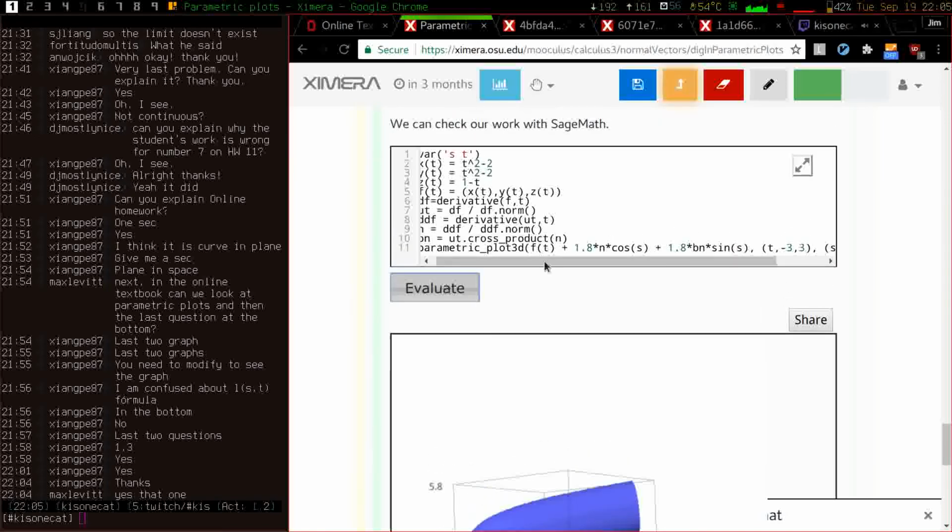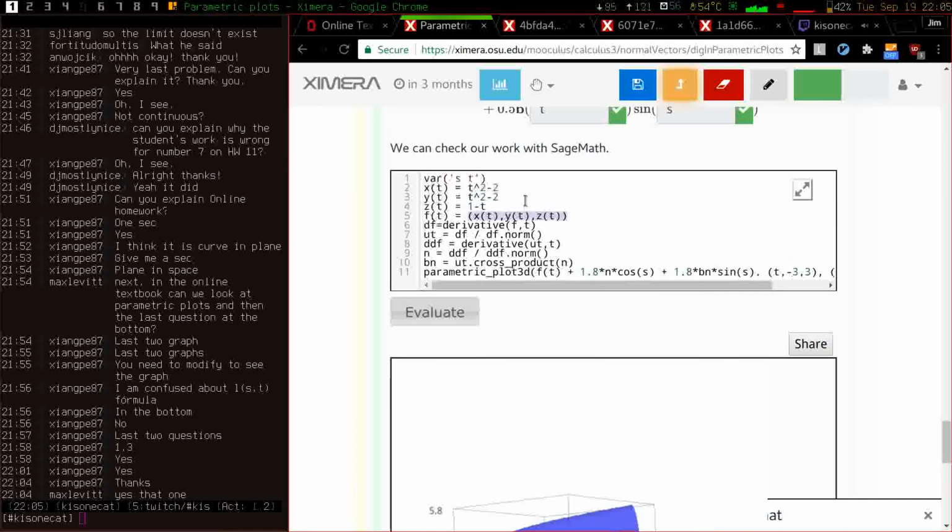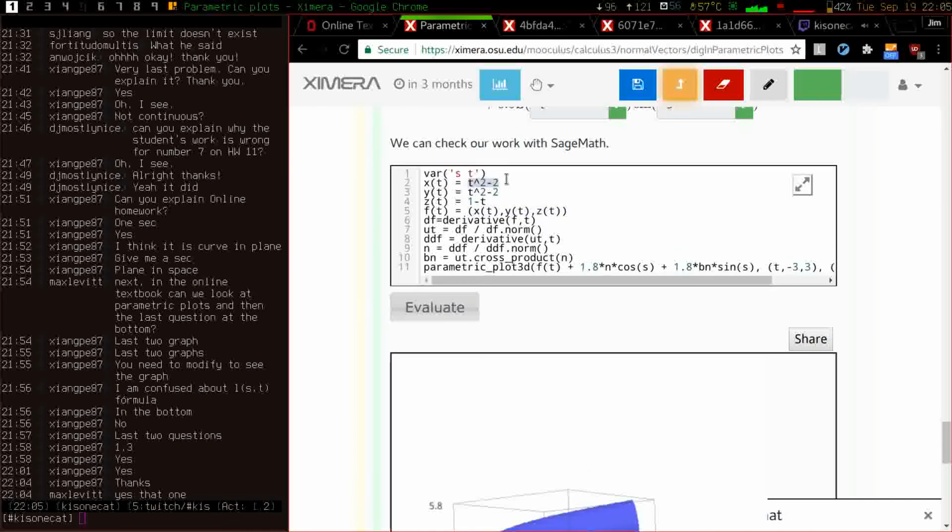So how we built that is certainly related to the previous problem, because I started with a point. Now, instead of starting with one point, I'm starting with a point f of t, which is on the curve that I parameterized in space. So it's coming along the curve that's the image of t squared minus 2, t squared minus 2, and minus t.